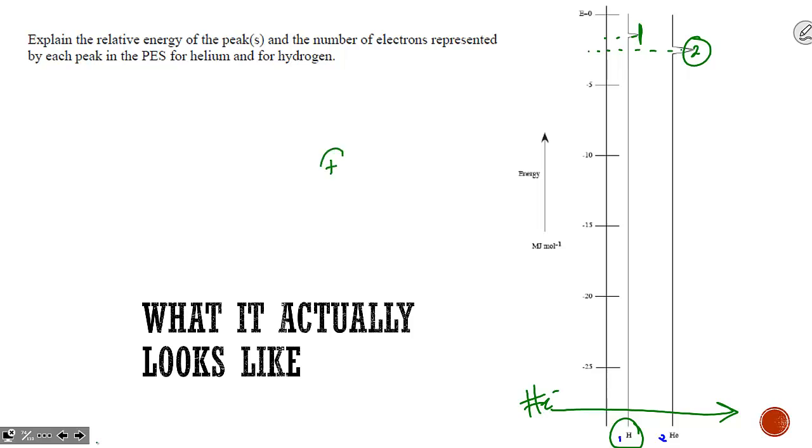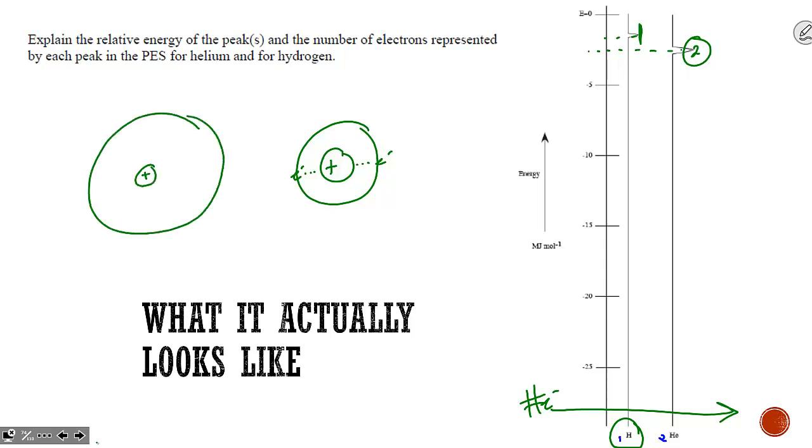So both electrons of helium requiring the same amount of energy means that this distance for helium is much smaller than the distance for hydrogen, because these electrons require more energy to remove. They must have a stronger attraction for that nucleus.